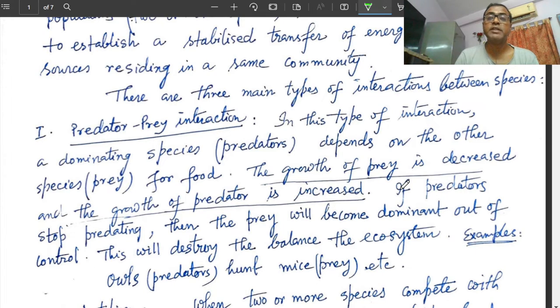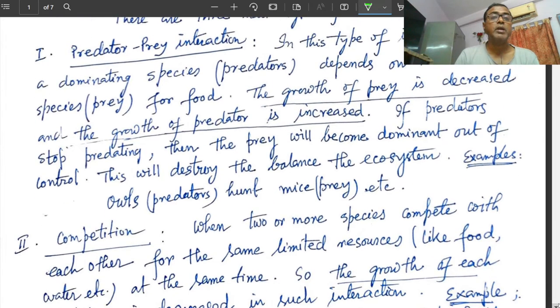If predators stop predating, then the prey will become dominant, out of control. This will destroy the balance of the ecosystem.